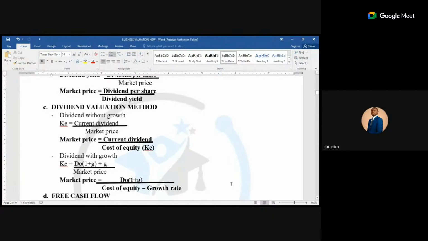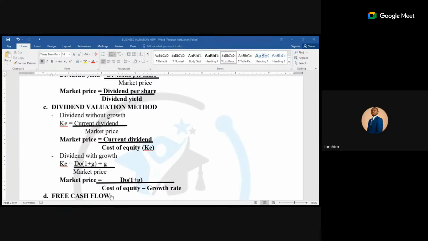Another method of valuation is the dividend valuation method.